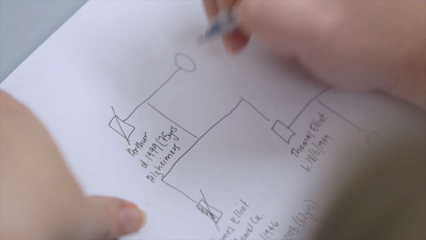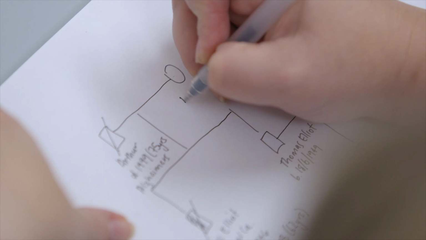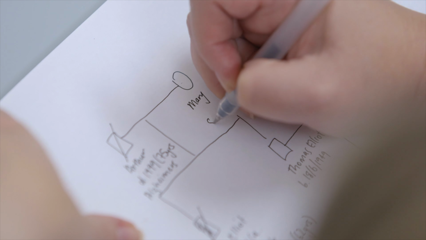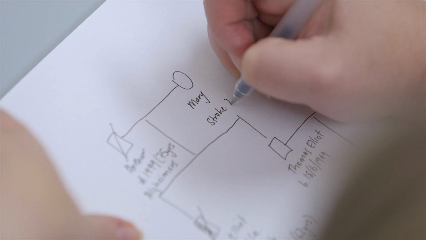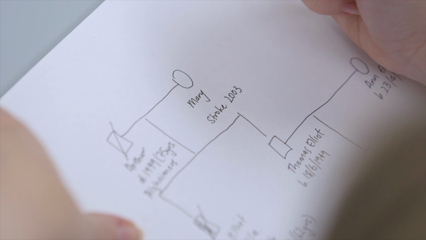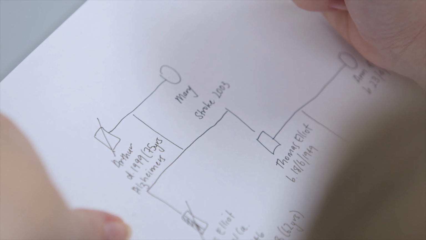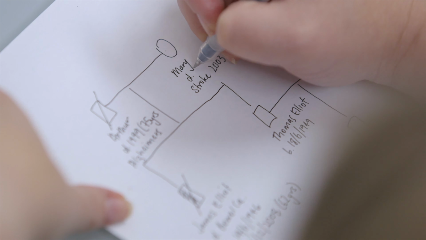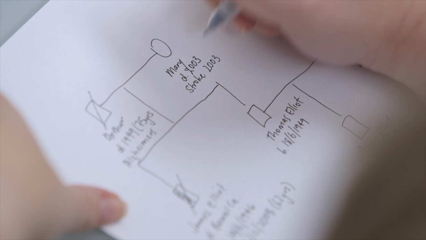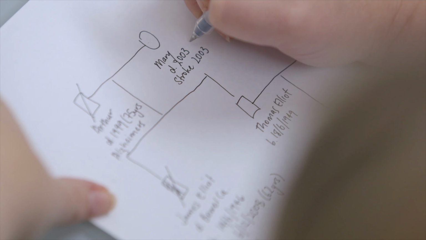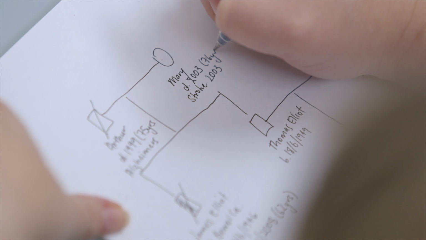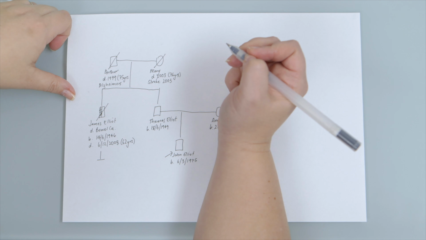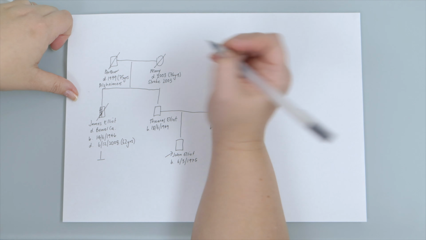My granny was called Mary, and she had a really bad stroke in 2003, and so she passed away in hospital, unfortunately. That same year, in 2003. Yeah, I think she was 76 when she died. Okay. And both Arthur and Mary had the same surname of Elliott? Yeah.